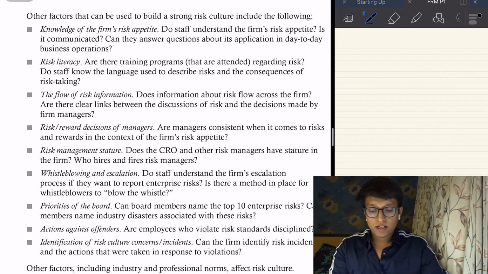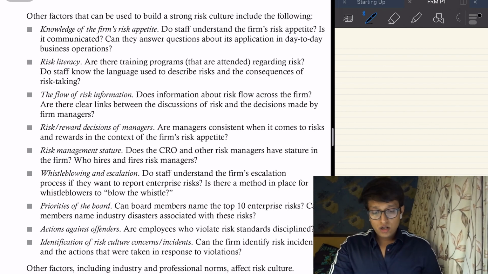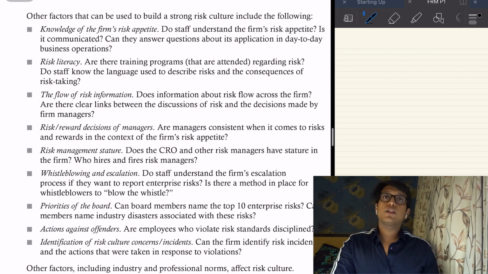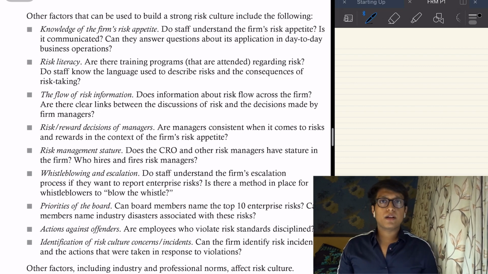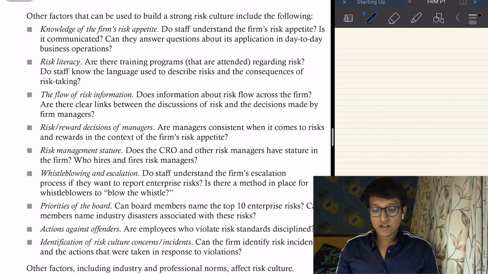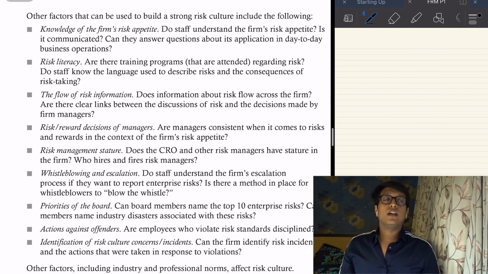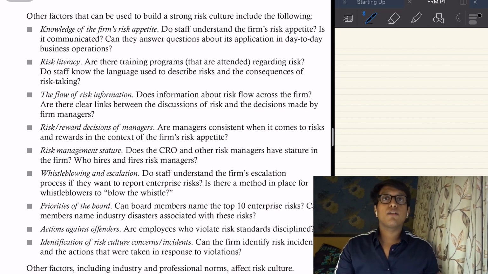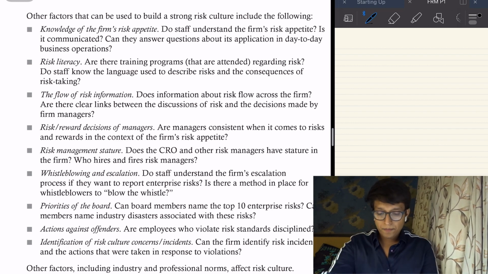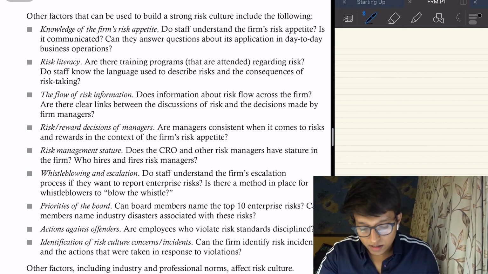Now, there are other factors as well. Knowledge of the firm's risk appetite: if the managers know it, if it is well communicated to them, and it is repetitive. Then communication and risk literacy. If the managers are educated enough to understand the negative impacts of taking very high risk, this is risk literacy.